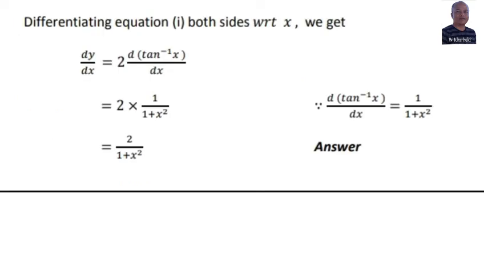So we differentiate both sides with respect to x, and when you say with respect to x, it means you should have dx in the denominator. And here 2 is a constant, so you can take it out from the given function, and then you will have just 2 upon 1 plus x squared. So that is how inverse trigonometric functions can be solved.